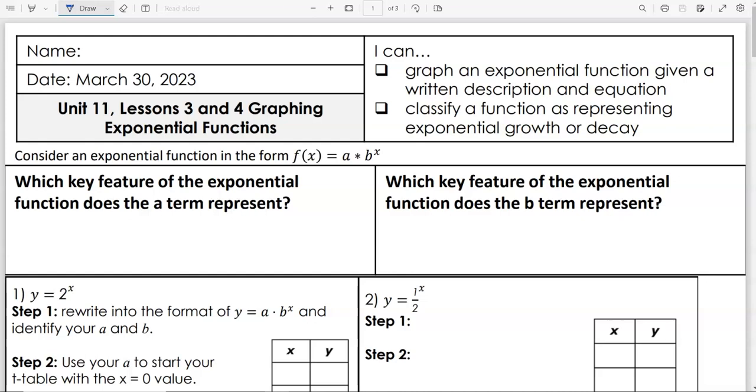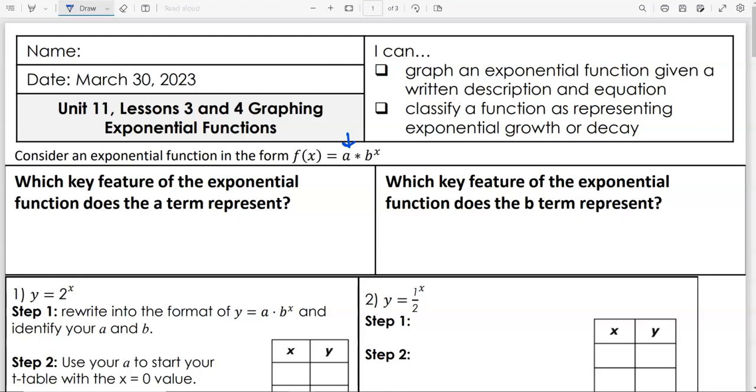Today, we're going to focus on what their graphs look like. So which key feature of the exponential function does the a term represent? This guy up front. Yesterday, that's where we started, right? It was our starting value. Where do we typically start a graph? Think about lines, mx plus b. Where on the graph do we start our value?